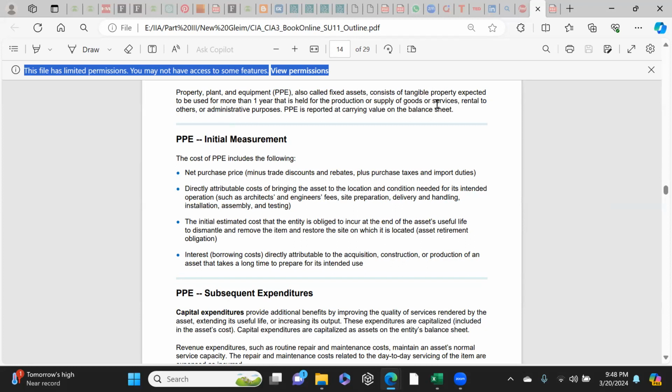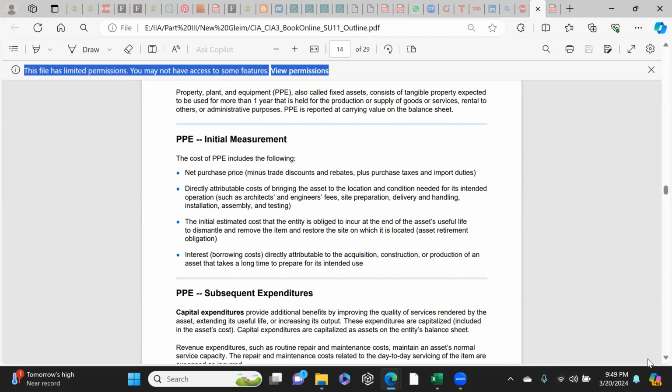You're going to use it for more than 1 year to produce goods or supply services, or rent to others, or you may use them for administrative purposes as well. And again, PPE will be at the carrying value.